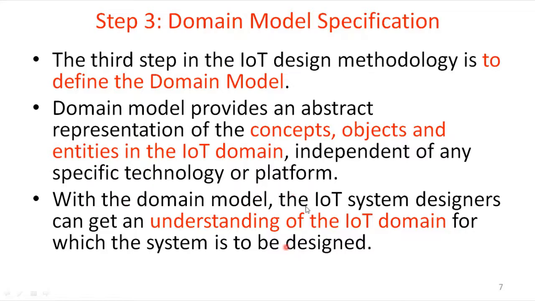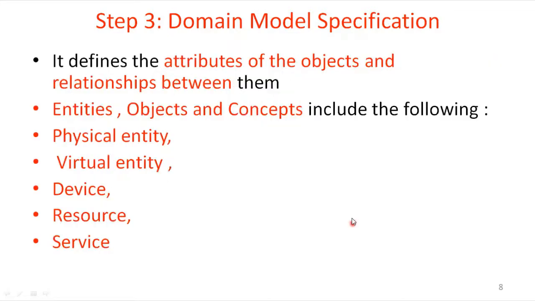With the domain model, IoT system designers can understand the IoT domain for which the system is to be designed, and it defines some of the attributes of an object and their relationships.